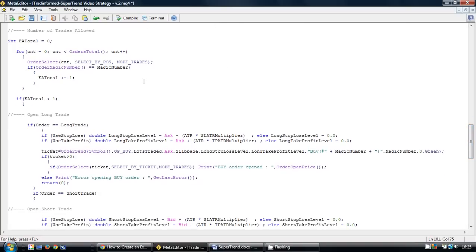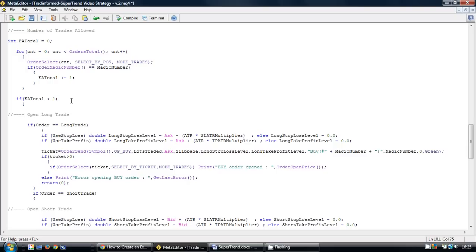Okay, so the next piece of coding is going to identify the number of trades allowed. EA total refers to the number of trades that have been launched just by this expert advisor. You may well want to have an expert advisor loaded into your terminal while at the same time you're entering multiple manual trades, or you may want to have a different expert advisor also opening and closing trades.